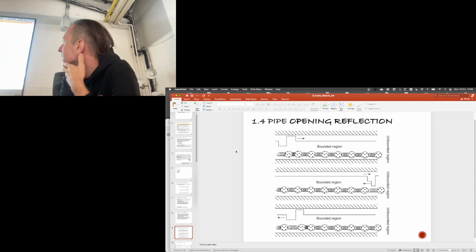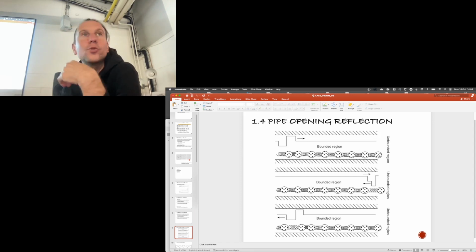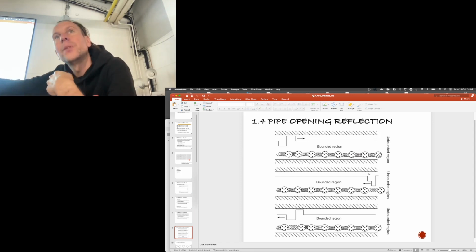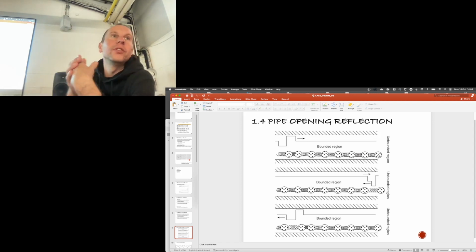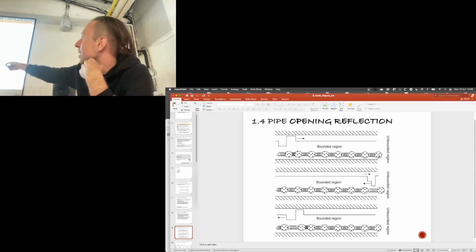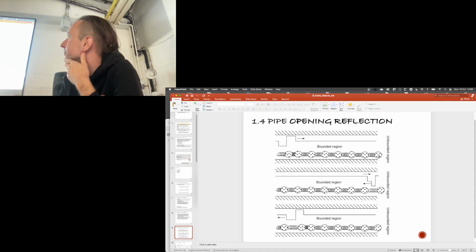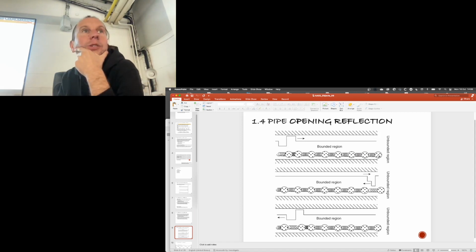But if I have an unbounded region, so I don't have a wall, I have an open window, so to speak, then what happens is that this last ball swings away first and then comes back to the previous one, and it travels again back as a compression. So that's what happens.